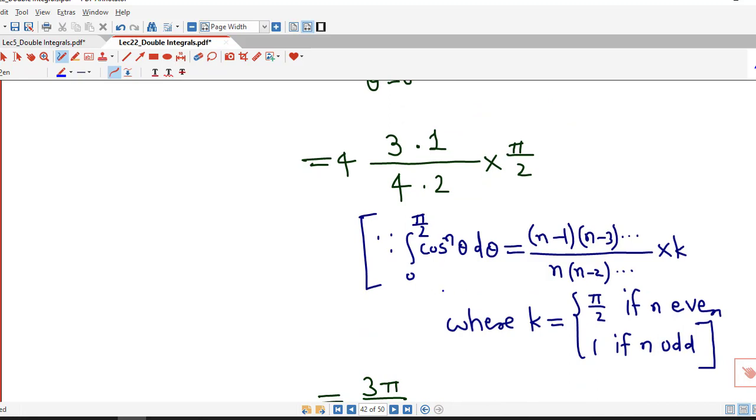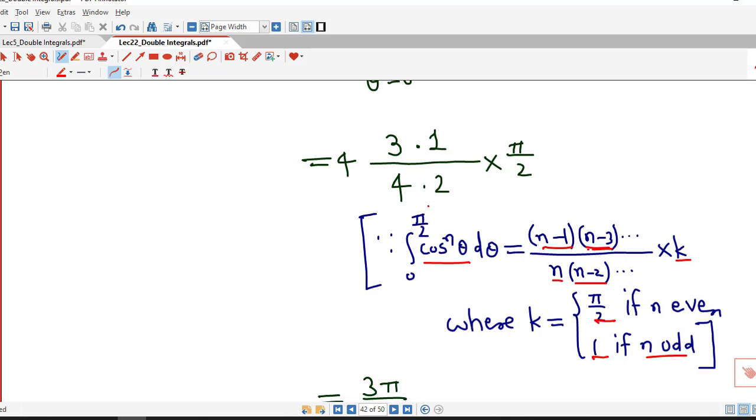So we recall reduction formula for nth power of cosine with limits 0 to pi by 2 is given by, in the denominator we start with n and then we subtract 2, and in the numerator we start with n minus 1 and we keep subtracting 2, into k, where k is pi by 2 if power n is even and k is 1 if power n is odd.